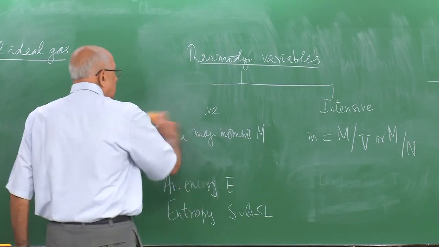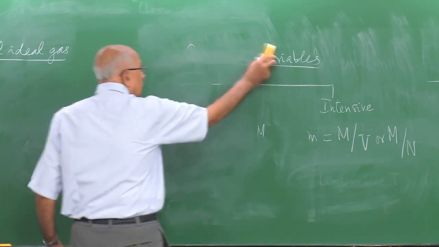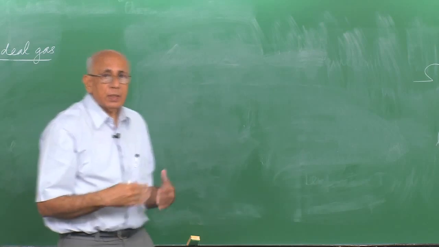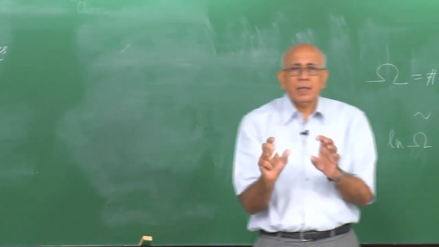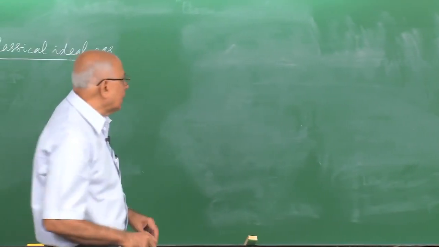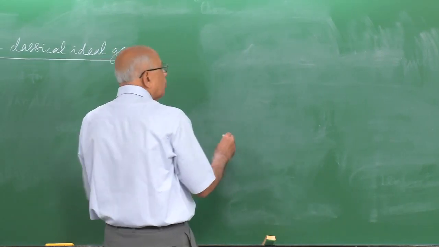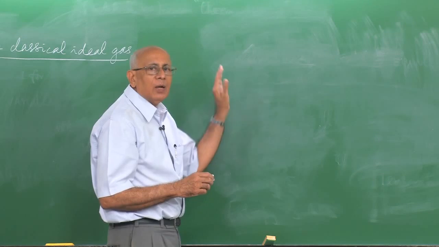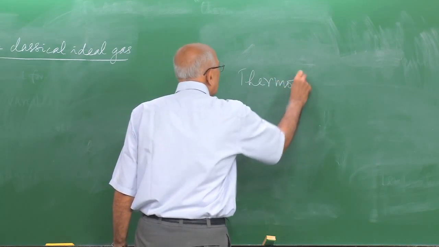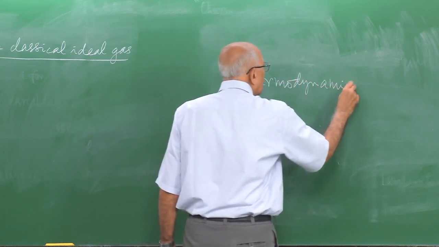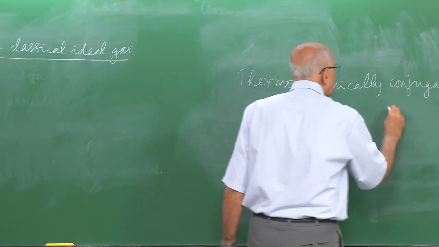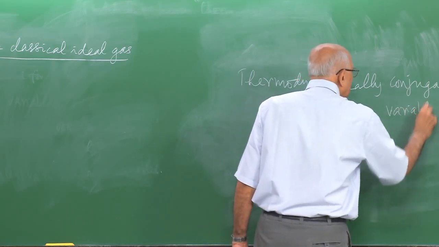Now it also turns out that in thermodynamics the energy of the system in general comes in pairs, it comes in products, for good reason, in the following sense: the energy of the system is expressible in terms of products of an extensive variable and a conjugate intensive variable, and these are said to be thermodynamically conjugate variables.